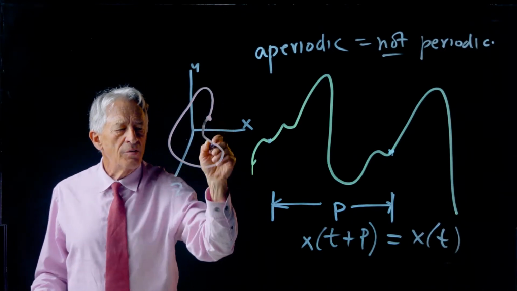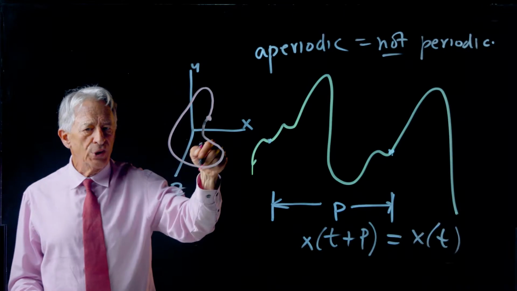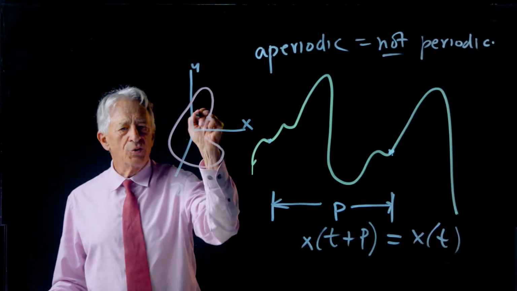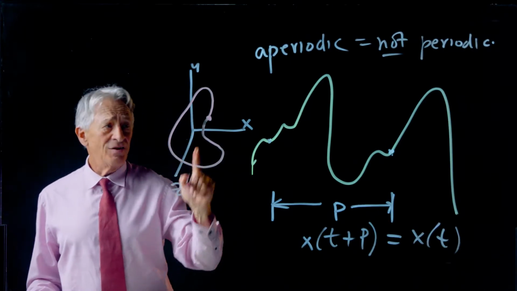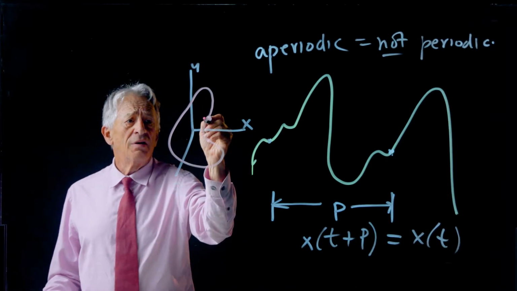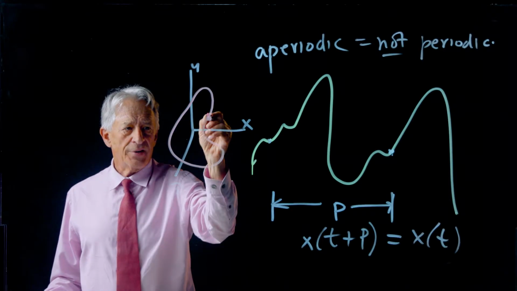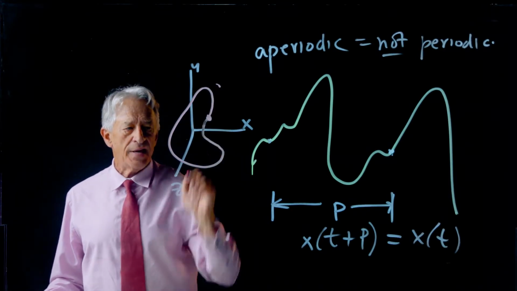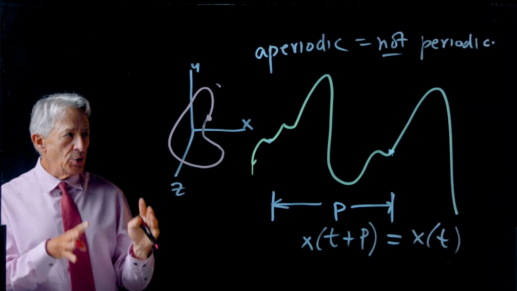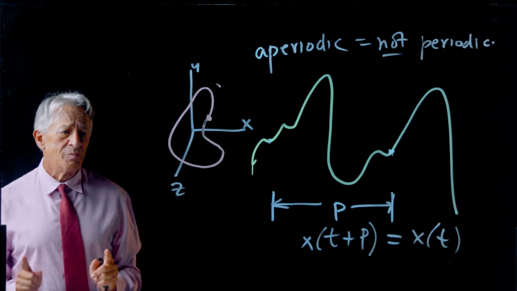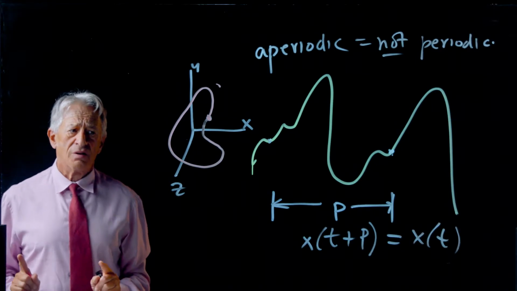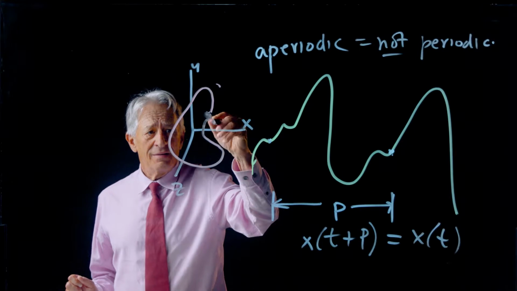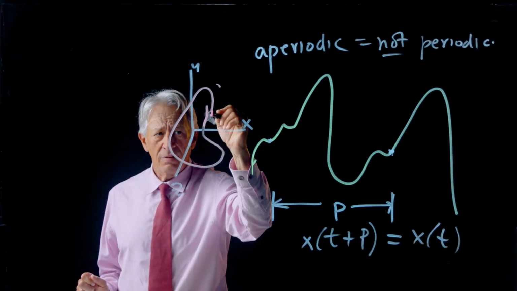Could it ever create a closed loop? And the answer is no, because a closed loop is a periodic function. And there is your period right there, and then it executes the same, and then it executes the same. This is a closed loop equals periodic function. So if this is aperiodic, then that cannot happen.